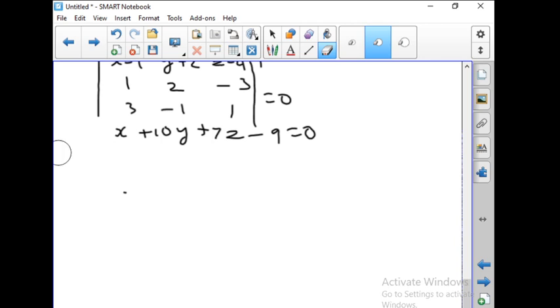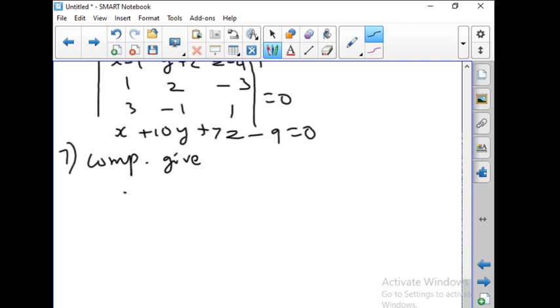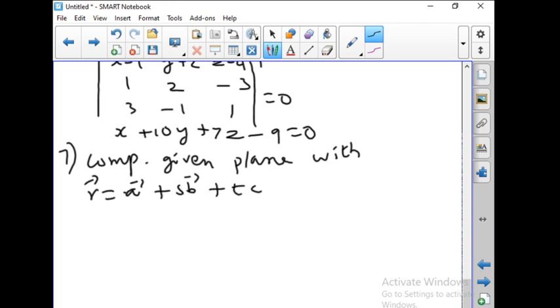So what is given? Comparing the given plane with r vector is equal to a vector plus s b vector plus t c vector.